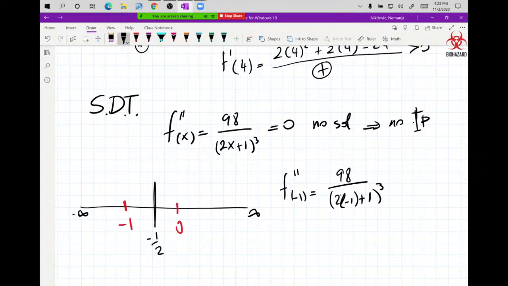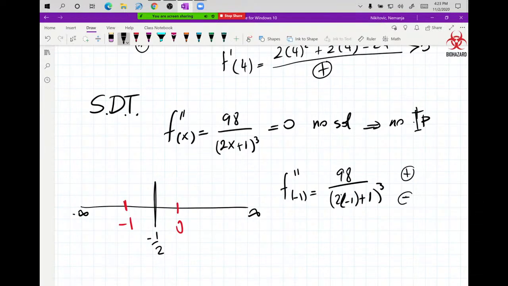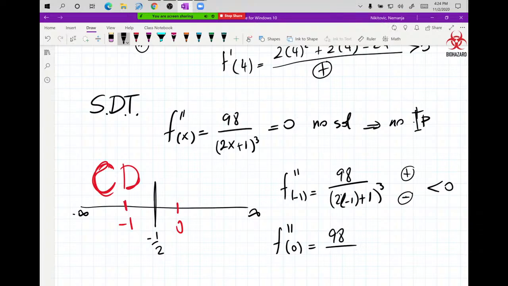So I have -1 cubed, so this is negative. So less than 0, so that's concave down. And f double prime at 0 is just going to be 98 divided by 1 cubed, which is positive. Concave up. There we go.